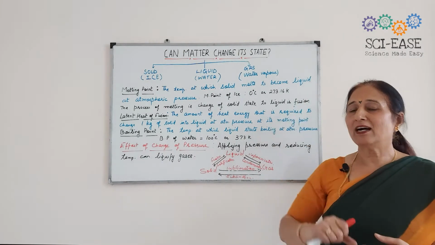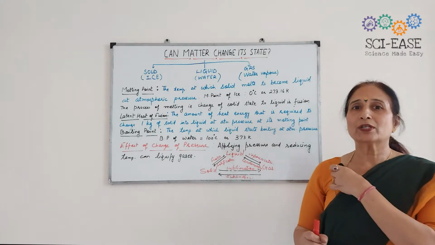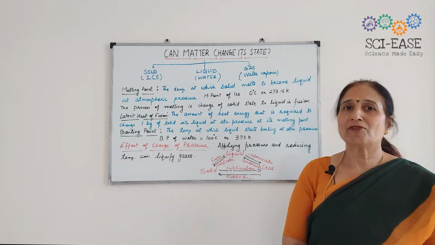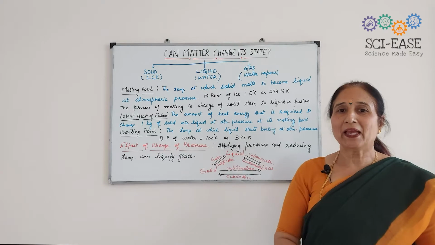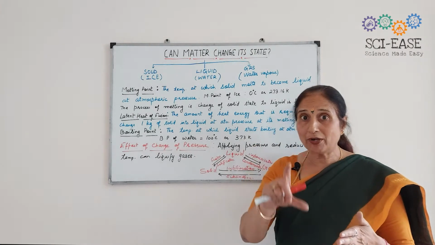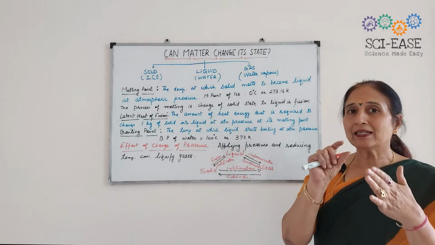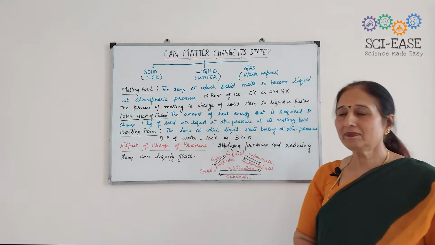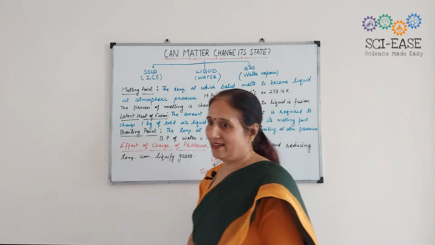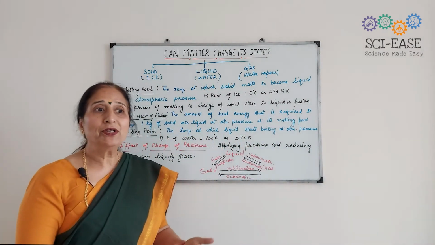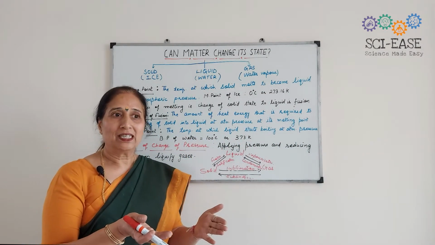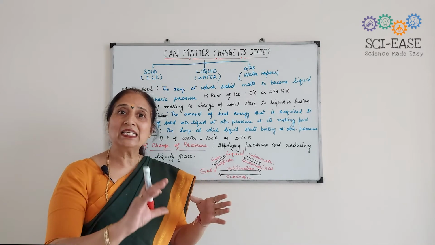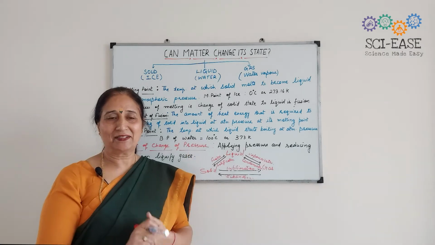We will take a beaker and put 150 grams of ice in it, and put a laboratory thermometer so that its bulb is inside the ice. Now start heating it. What you will observe is that after some time the ice starts melting.